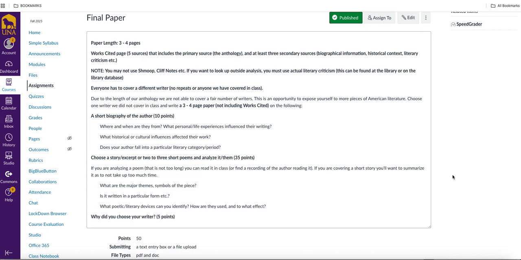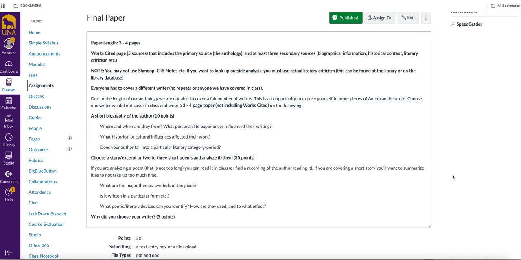But you're going to analyze a piece or pieces, whatever you choose, pretty much like all of our lectures that we have posted. Look for major themes, symbolism. What do you think the piece is about? Think critically. If you're doing a couple pieces, does the author have underlying themes and ideas that run through their work?